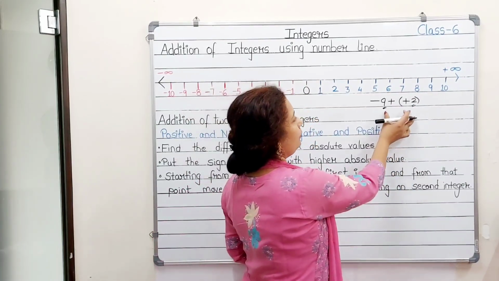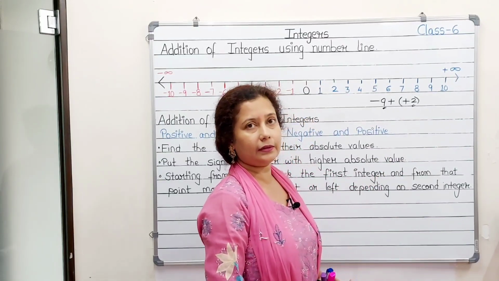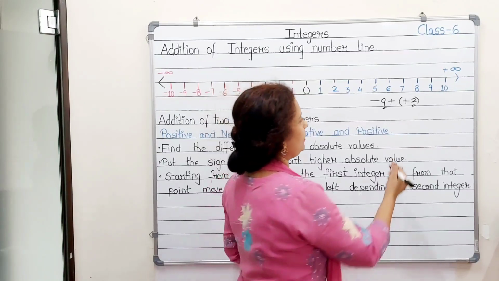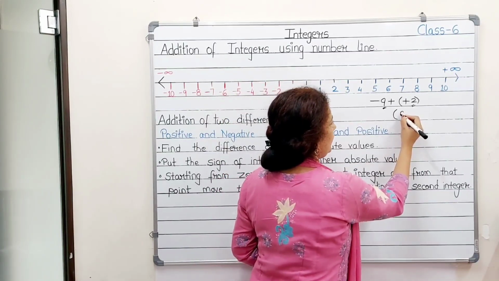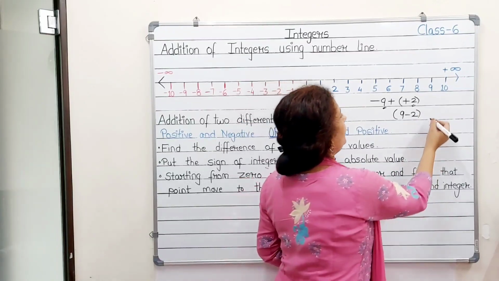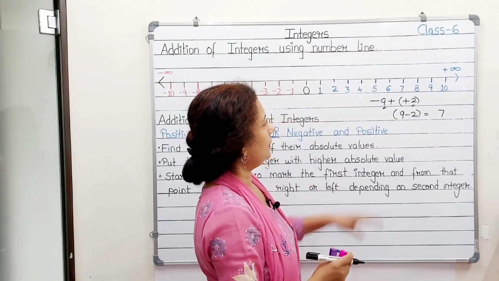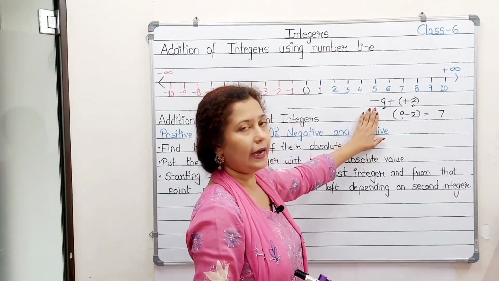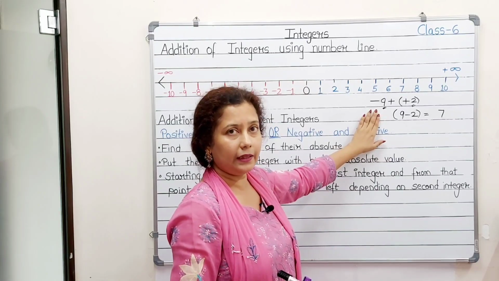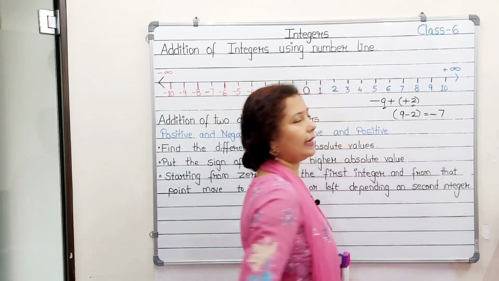So here we will find the difference. We have to subtract the smaller absolute value from the bigger absolute value. So we will subtract 2 from 9, that is 9 minus 2 is equal to 7. Now here the integer -9 has the higher absolute value and it is a negative integer. So the answer will have a negative sign.